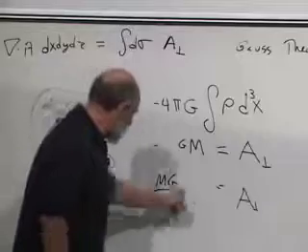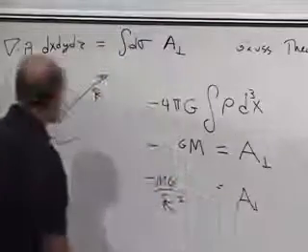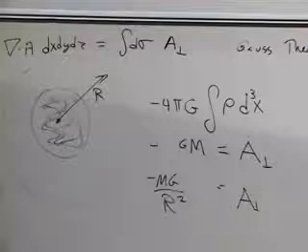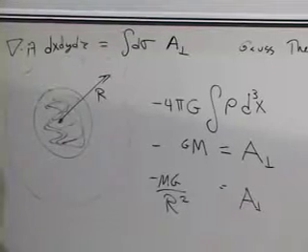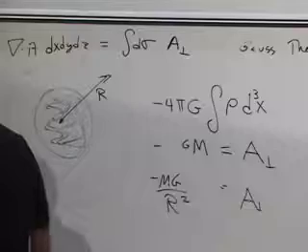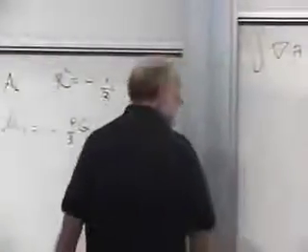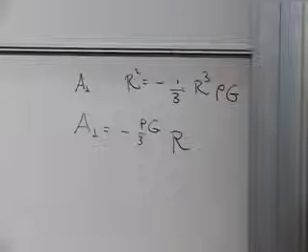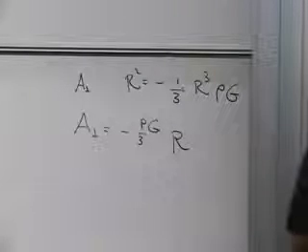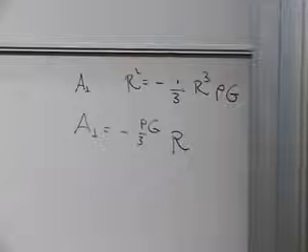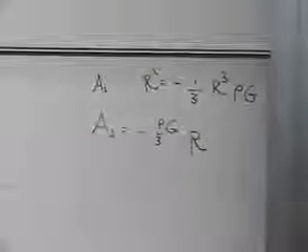Left, this and this? Well, those two gravitational accelerations should be the same on the surface. A bar on the right board should be the same as A perpendicular on the left board at the surface of the Earth. Oh, at the surface, good. Did I make a mistake? Did I lose a factor of 4 somewhere? Is it a factor of 4 that's missing? 4 pi. From which one?